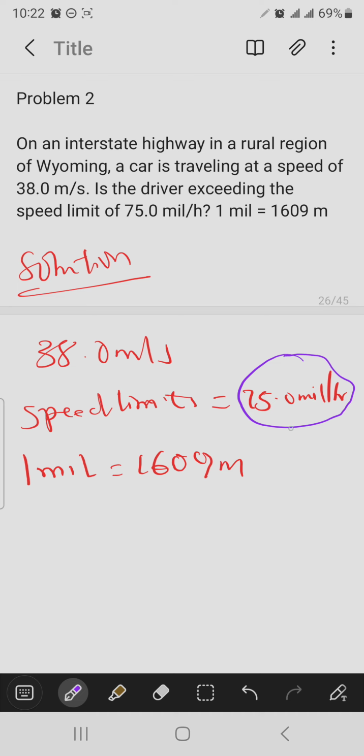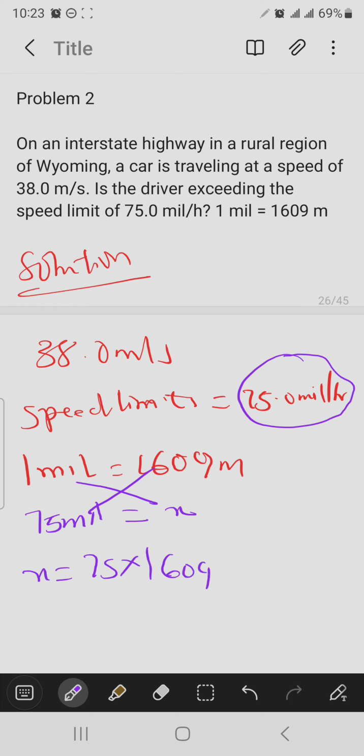You know, 1 mile is this. So 75 miles equals X. So we have X equals 75 multiplied by 1609. Your answer here is going to be in meters, but you have this per hour.